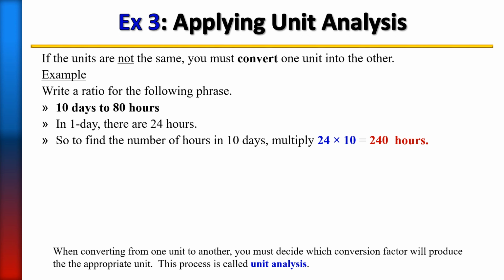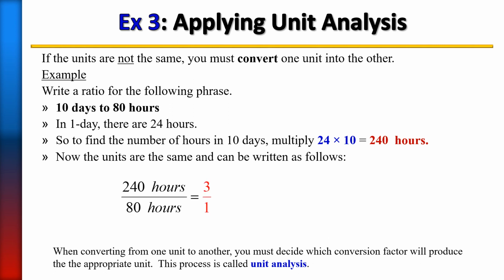So now what we have is 240 hours on top and 80 hours on the bottom. We can reduce that fraction, or we can just simply divide, because 240 divided by 80 equals 3.